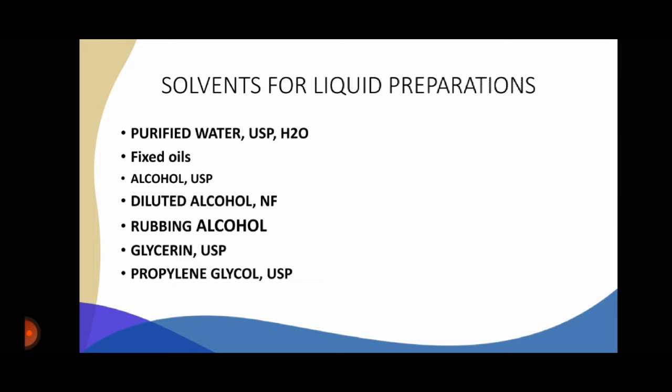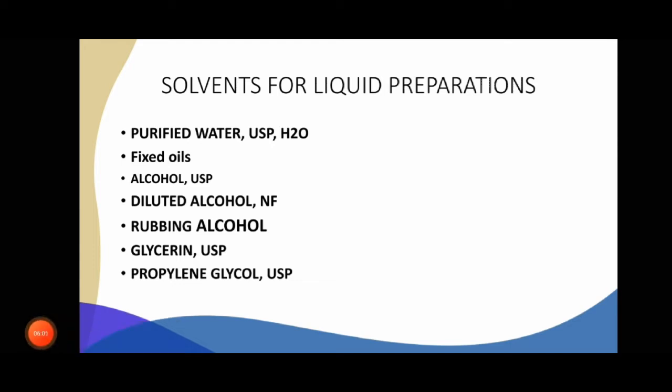Glycerin has preservative qualities and is often used as a stabilizer and as an auxiliary solvent in conjunction with water or alcohol. So overall, it is used in many internal preparations.